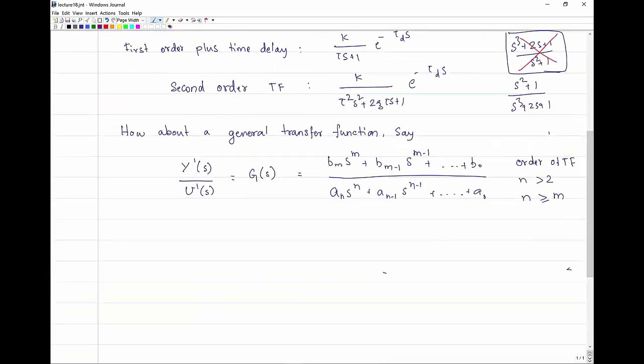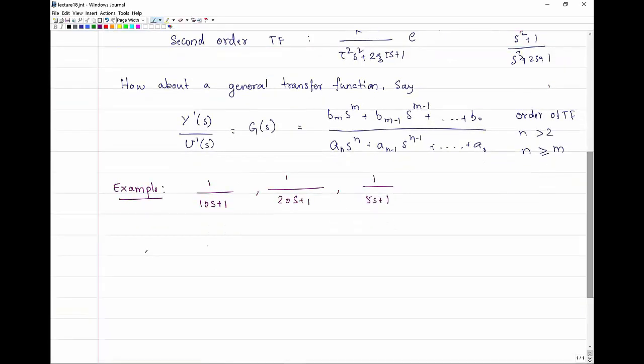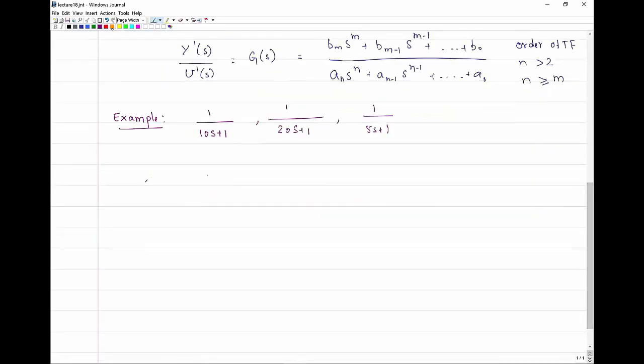Future never affects the past. It's only the past that affects the future. And therefore, all realistic transfer functions have a numerator order that is less than or equal to the denominator order.